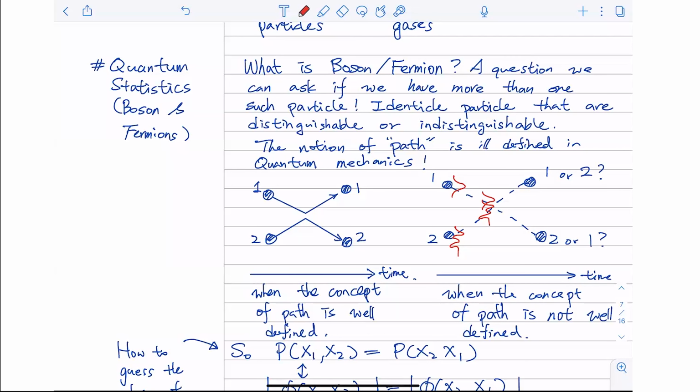So we are no longer able to say there's a path that labels particle 1, because path is not a well-defined concept. After the collision, we cannot tell whether it is particle 1, 2 or particle 2, 1.